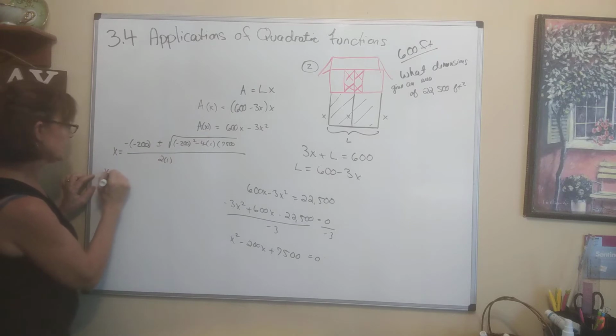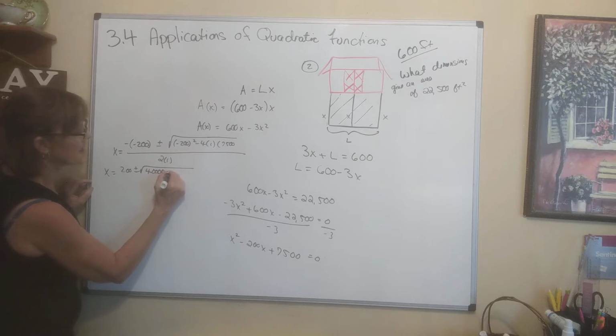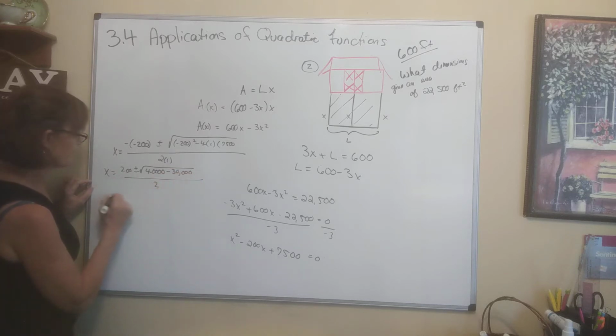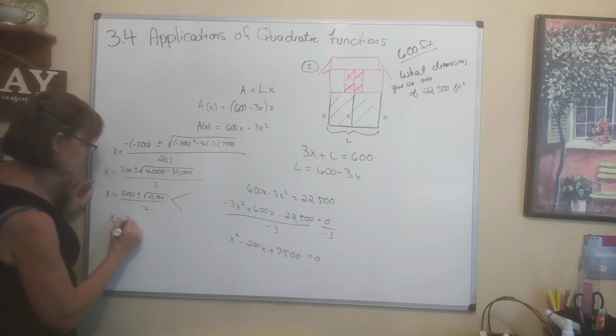So x is a positive 200 plus or minus the square root of 40,000 minus 30,000, all over 2. So x is 200 plus or minus the square root of 10,000 over 2. The square root of 10,000 is 100, so x is 200 plus or minus 100 over 2.